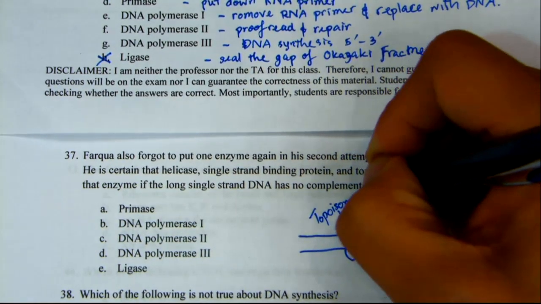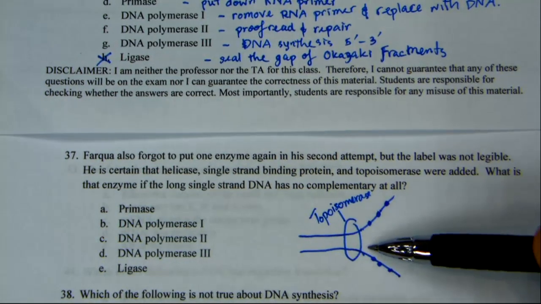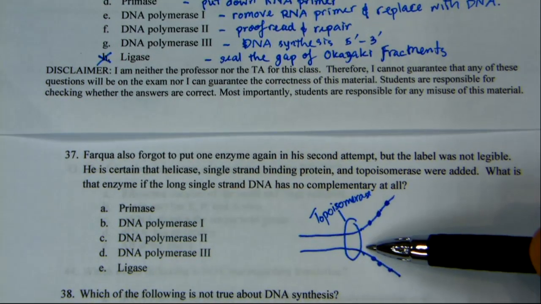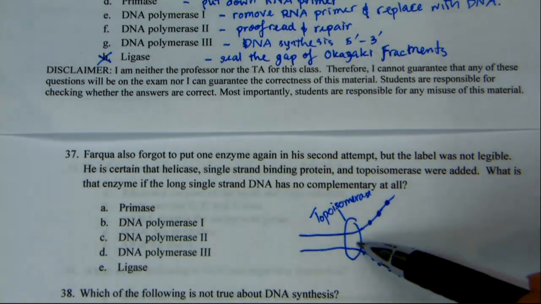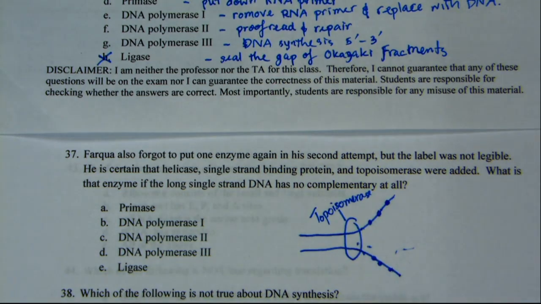This is what we call the replication fork. You're trying to split the strands apart, creating strain at that fork, and then it's trying to spin back. So that is the job of topoisomerase, trying to relieve that strain.